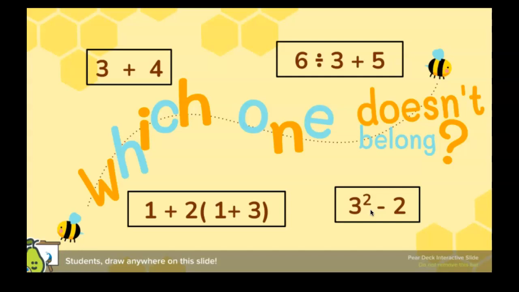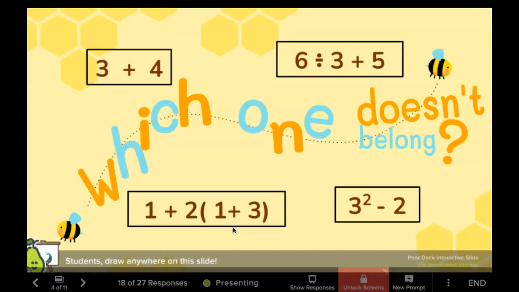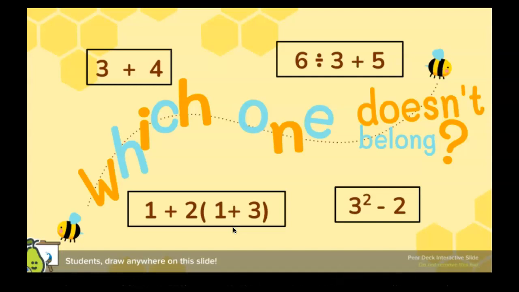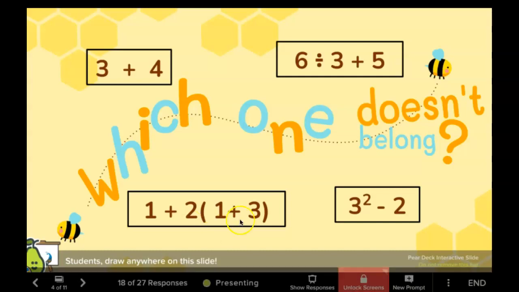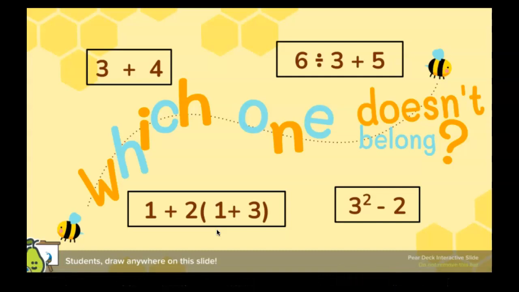I think 1 plus 2 and parentheses 1 plus 3 doesn't belong because all the others equal 7, and this one equals 12. Are you sure that equals 12? Double check if it is equal to 12. But thank you for sharing.